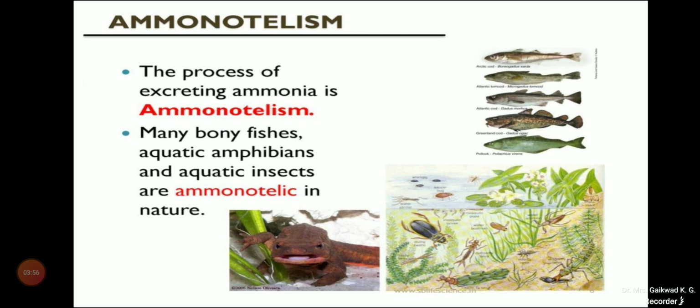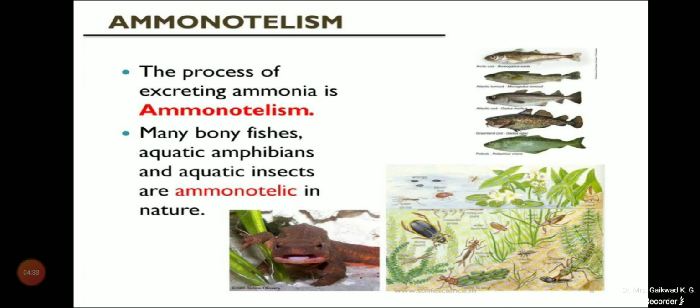Ammonotelism is found in aquatic invertebrates, bony fish, and aquatic or larval amphibians. Animals without an excretory system, for example protozoa, are also ammonotelic. Ammonotelic animals excrete ammonia through the general body surface like the skin, through the gills, and through the kidneys.